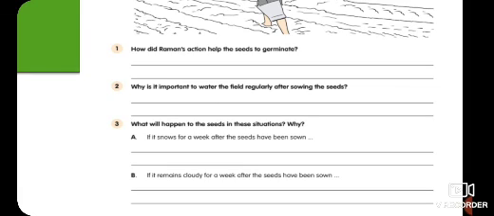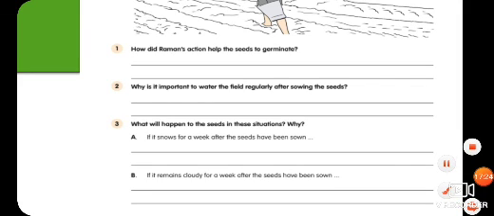Next is, if it remains cloudy for a week after the seeds have been sown, nothing will happen. Seeds will germinate, because clouds do not affect the germination process, because seeds need water, air and warmth, and they will sprout.